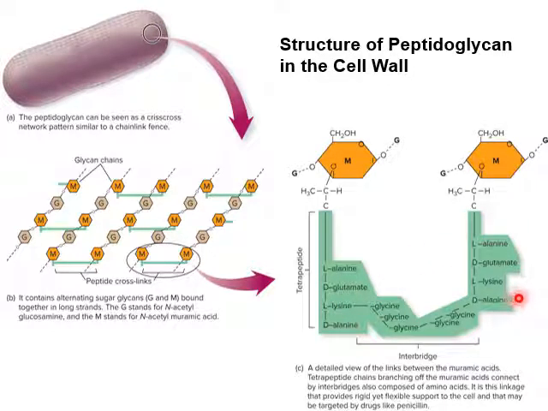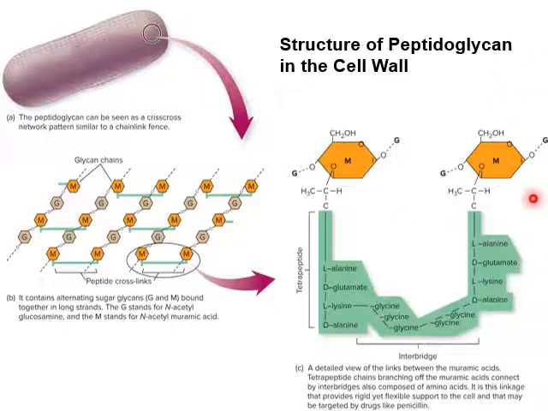So in effect, you're sort of stapling all these chains of sugars together because of these cross bridges. Now, if I interfered with the formation of that cross bridge, then I would have a defective cell wall, and that's what penicillin does. It interferes with an enzyme called transpeptidase, which forms that bridging structure between the two chains.